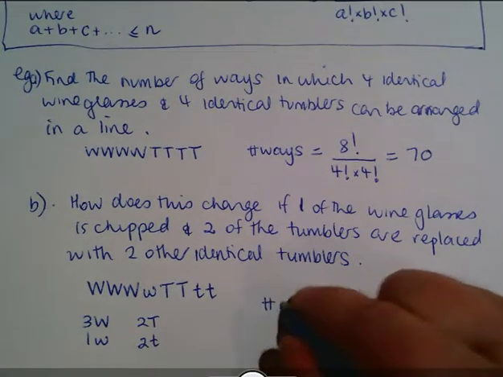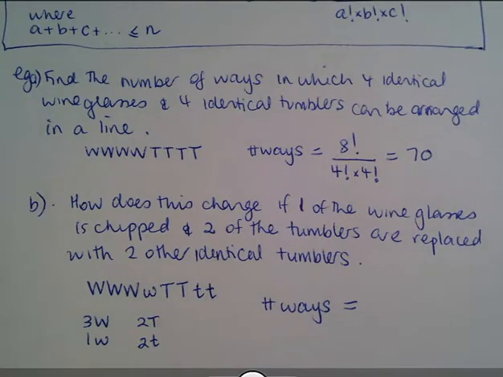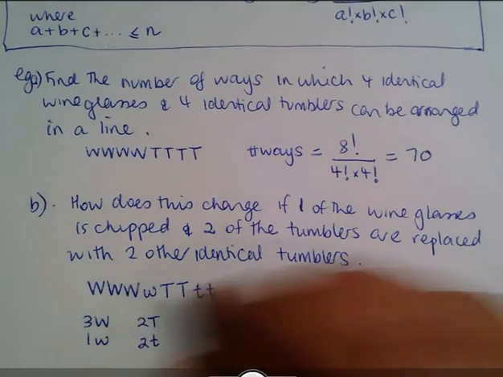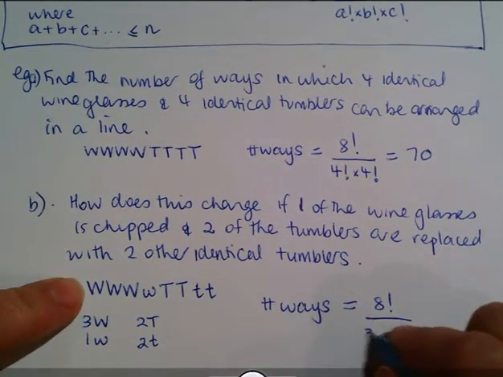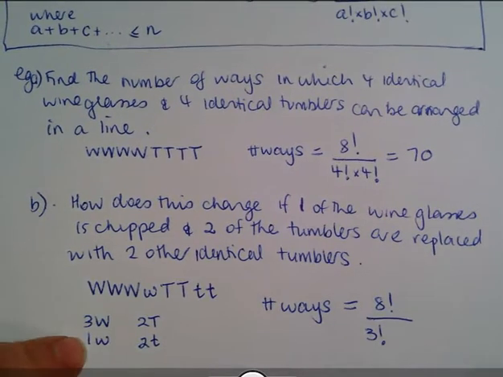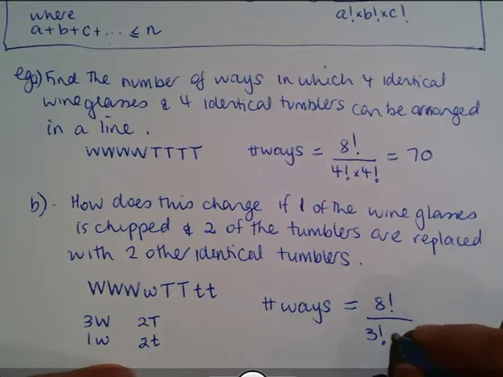So the number of ways I can line those wine glasses and tumblers up, we have to count how many there are. So it's 8 factorial ways. However, there are 3 repeats of the wine glasses. I don't need to divide by 1 factorial because 1 factorial is just 1.